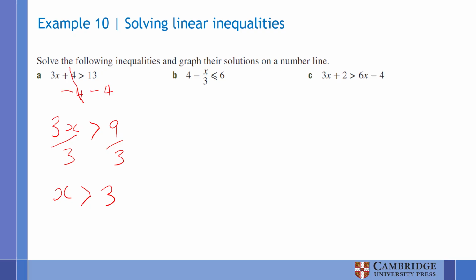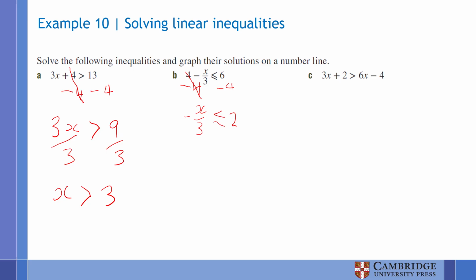Okay. For our next one, we have 4 take x divided by 3 is less than or equal to 6. Okay, I'm going to start by getting rid of my 4 here. I'm going to do that by taking it away from both sides. That will cancel out there. I'm left with negative x on 3 is less than or equal to 2.